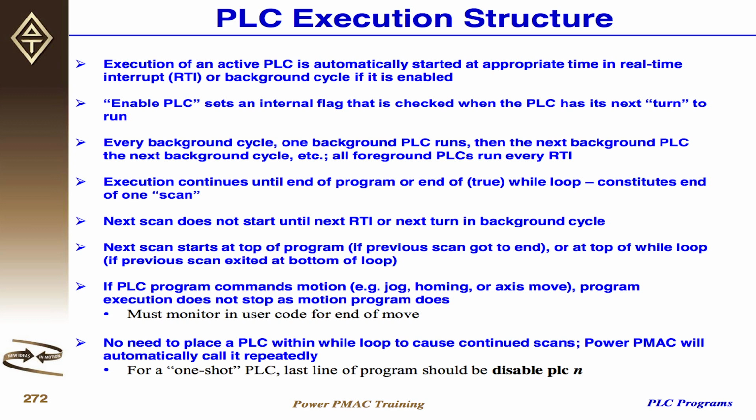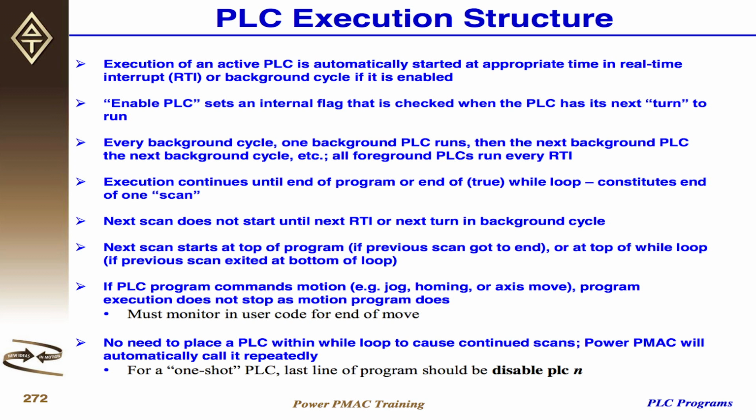Now, something to note about the enable PLC and the disable PLC commands is that you will not necessarily begin or end a PLC at the exact moment you issue enable PLC or disable PLC. Instead, it sets an internal flag that gets checked the next time a PLC has its turn to run.